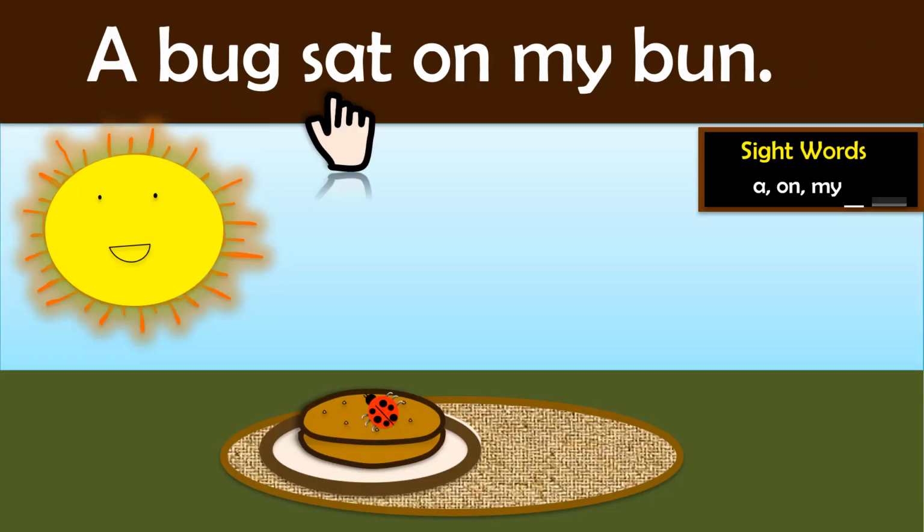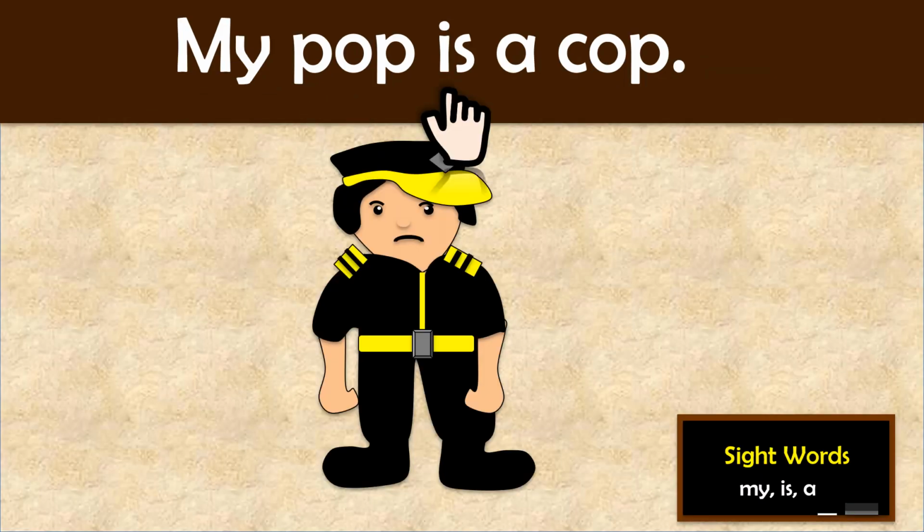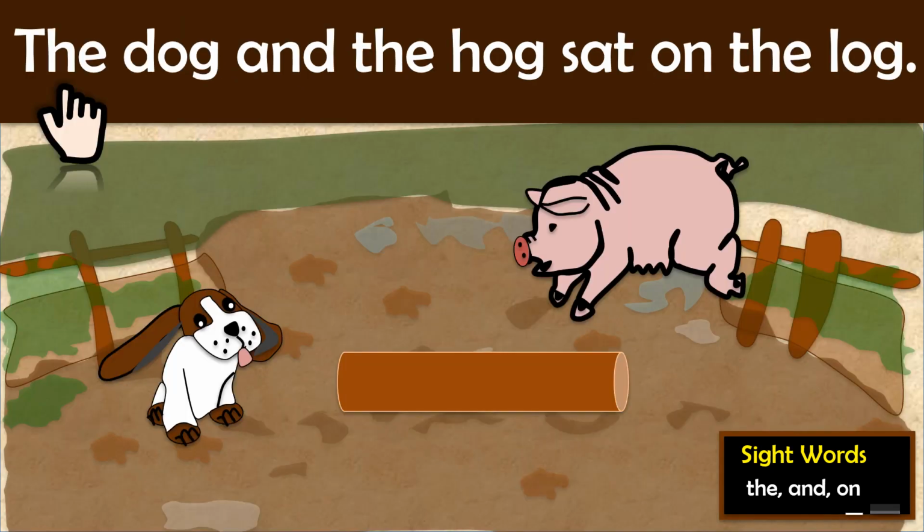A bug sat on my bun. My pop is a cop. The dog and the hog sat on the log.